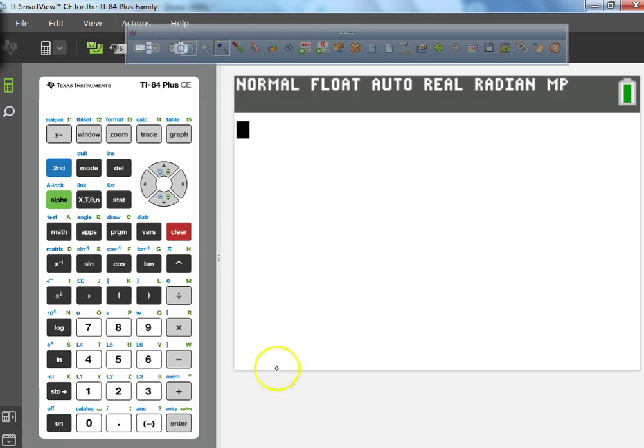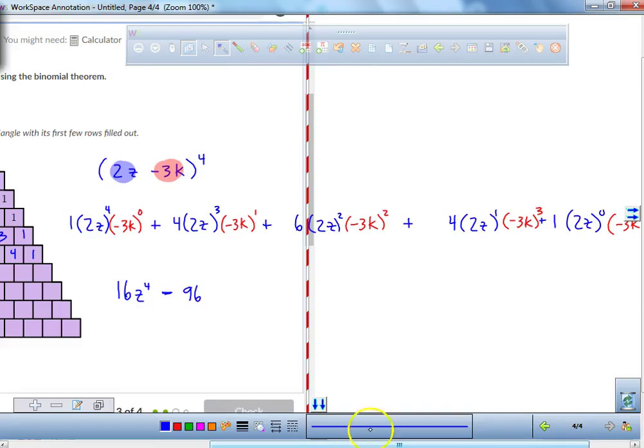We'll just check, just to be sure. 4 times 2 to the power of 3 times negative 3. Negative 96. All right, negative 96 z cubed k.